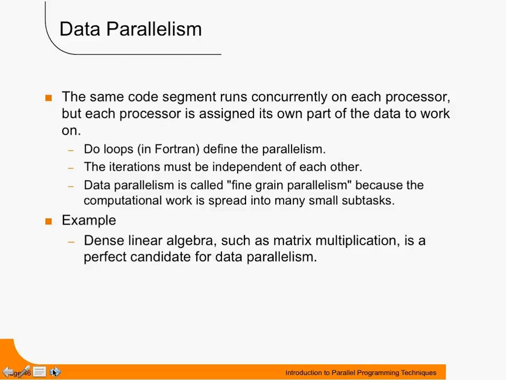You want to do the same thing, so you define the code segment and say i equals 0 to something, or i equals 1 to n. That indexing defines the data, and the body of the loop is the same work. Examples are dense linear algebra operations, matrix multiplication, eigenvalue computations, or Cholesky factorization. Those are perfect candidates for data parallelism.